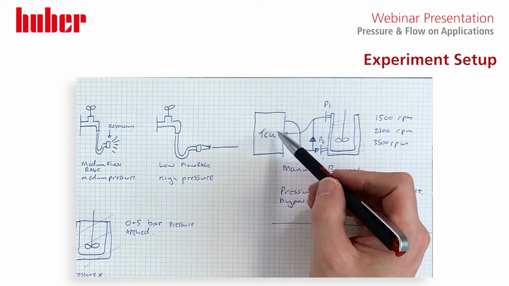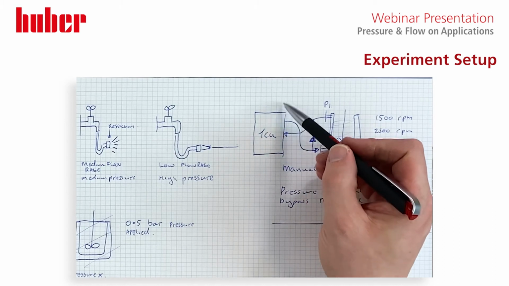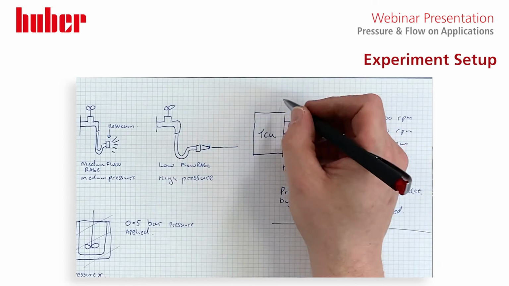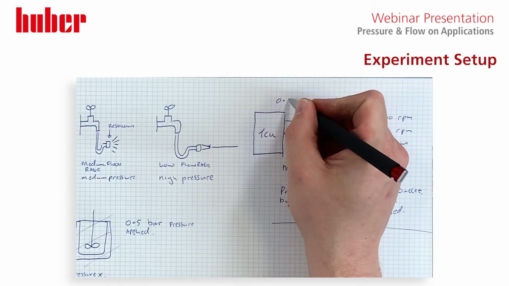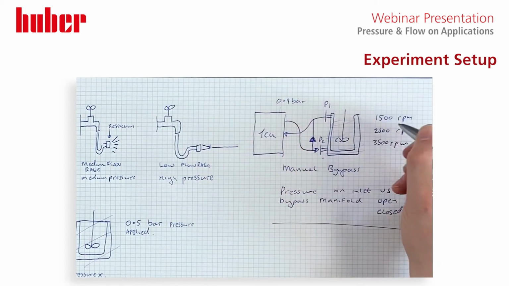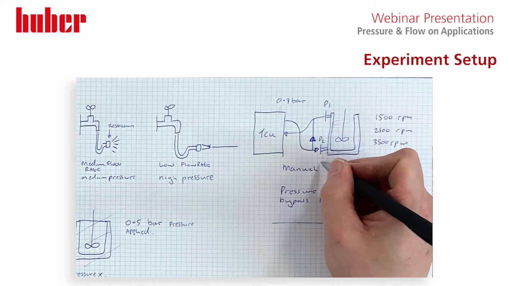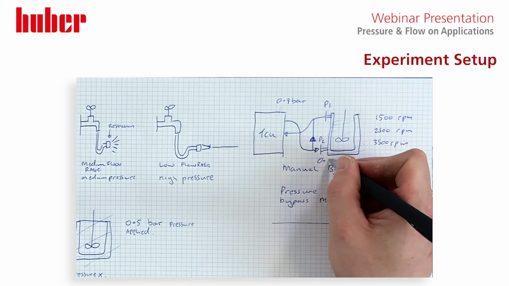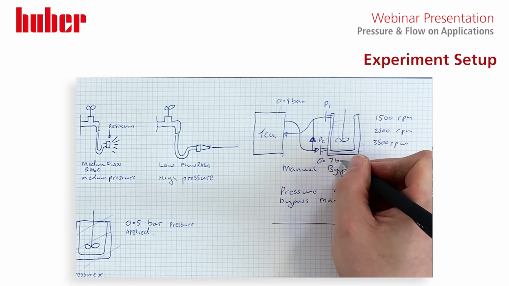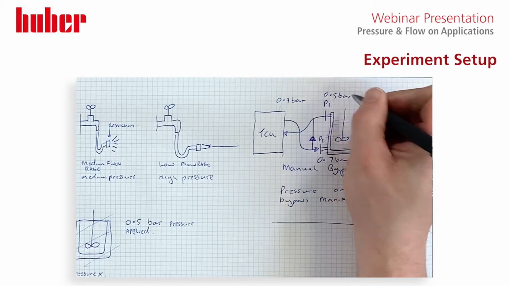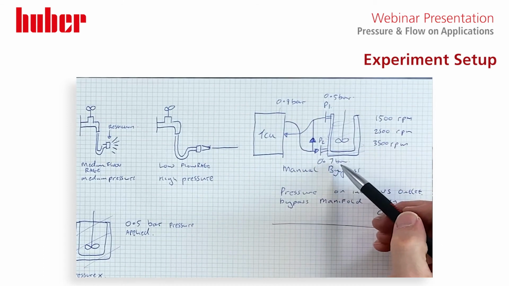If we correlate that back to the pressure sensor in the TCU, this will still be showing, for example, 0.9 bar, our P2 would be showing 0.7 bar, and our P1 would be showing 0.5 bar, due to the associated pressure drops.